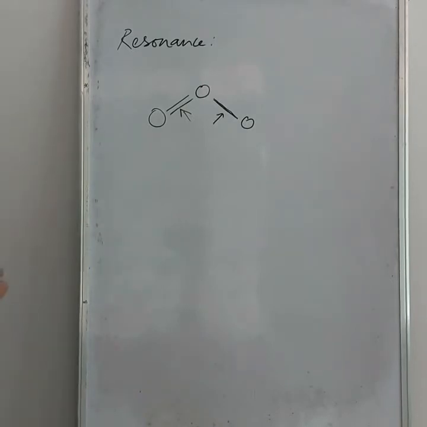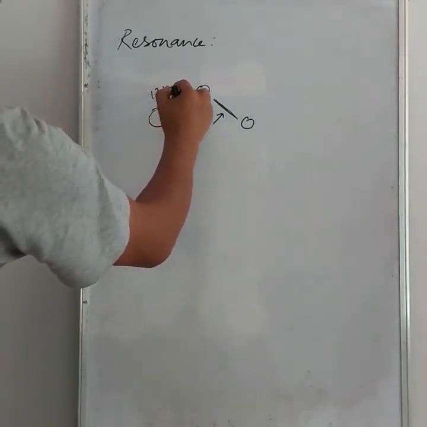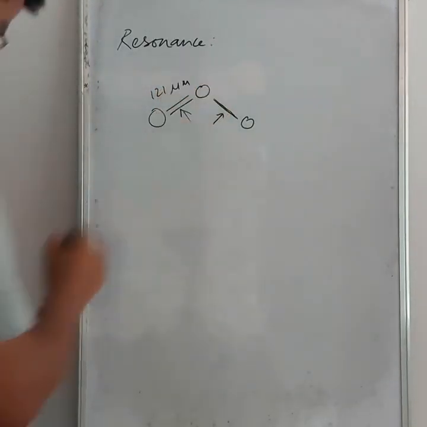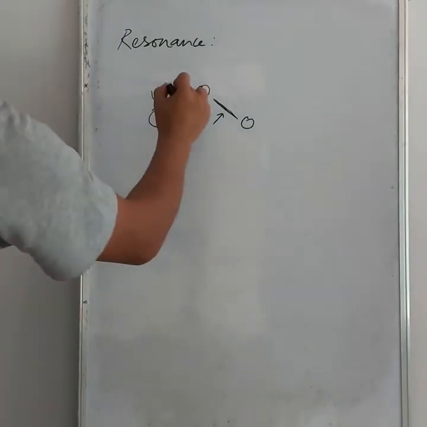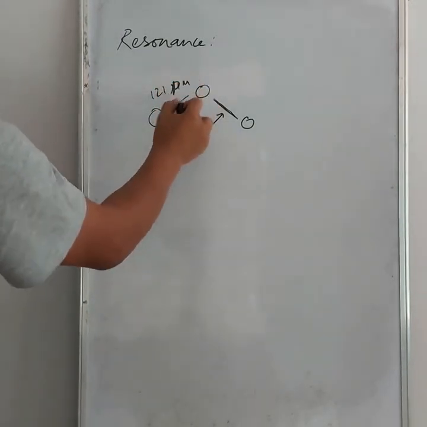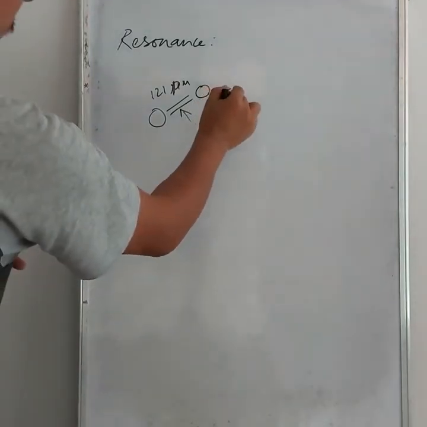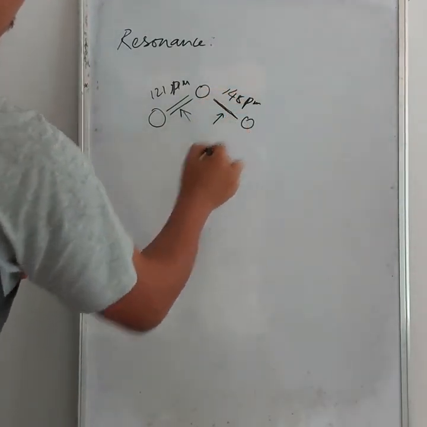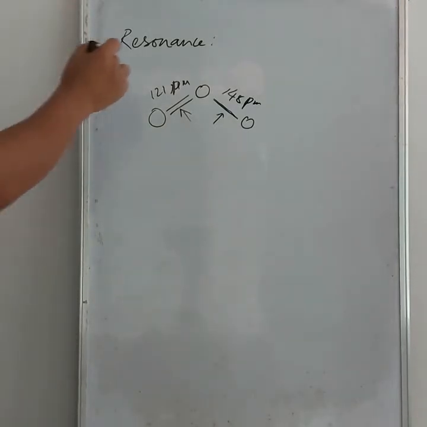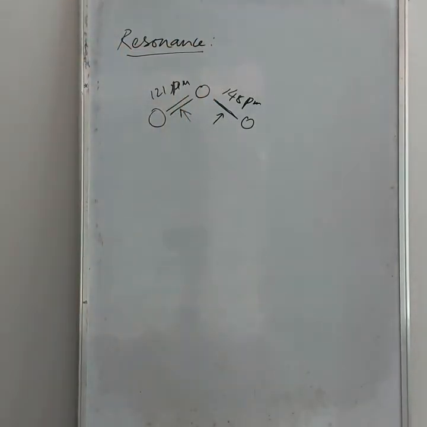In reality, a double bond would be 121 picometers, and a single bond would be 148 picometers. But due to resonance, it is a hybrid in between.